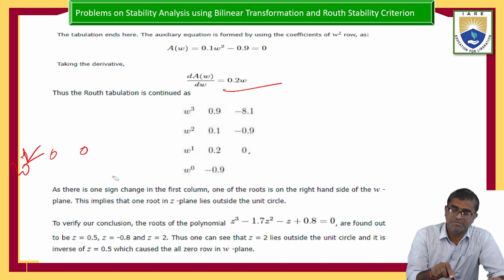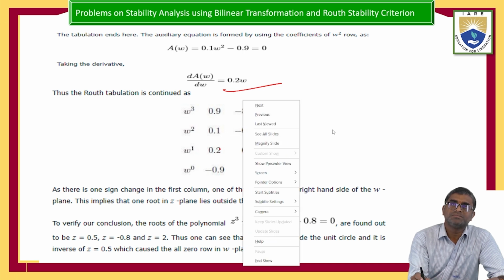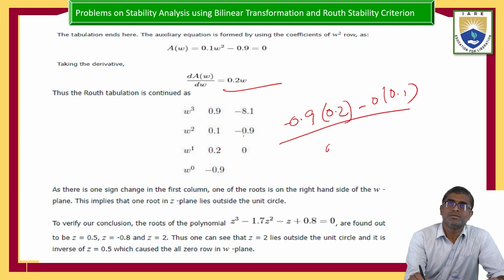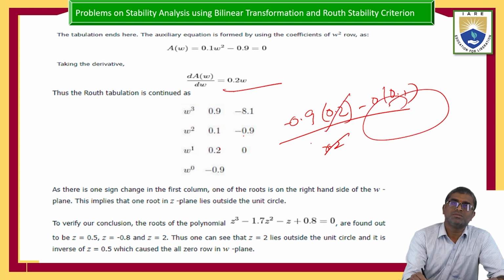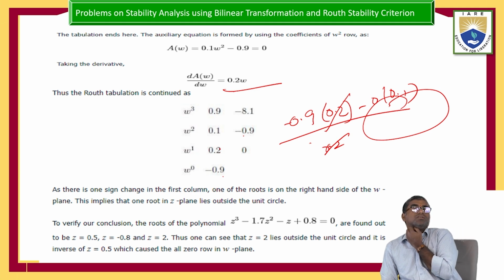After that, what is the omega naught value? It is minus 0.9 into 0.2 minus 0 into 0.1, by 0.2. This is 0, so only 0.9 is there. So what happened?